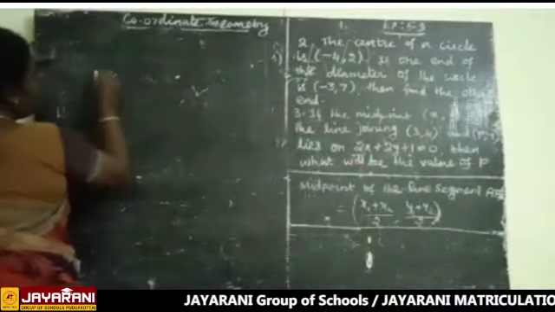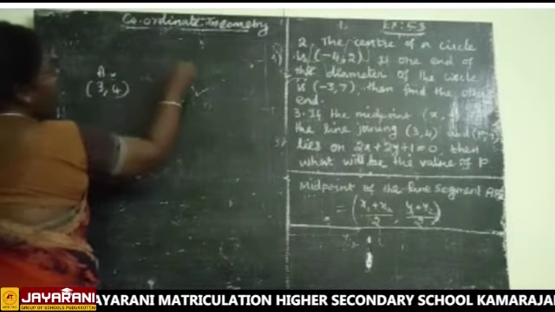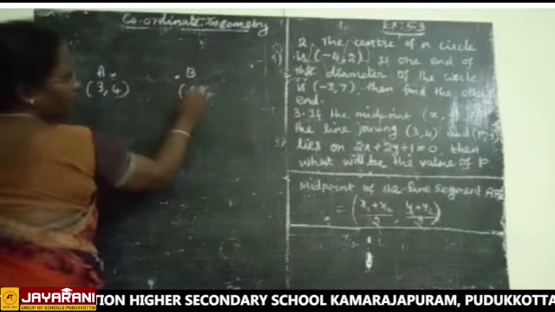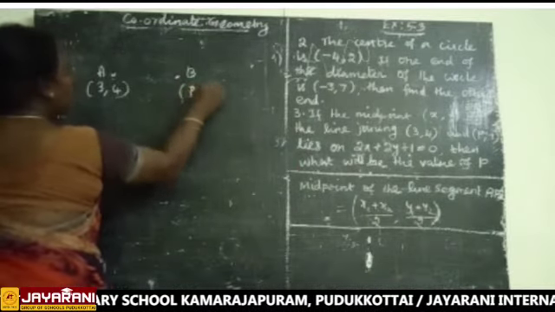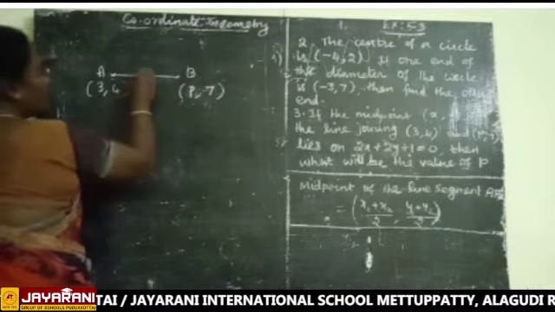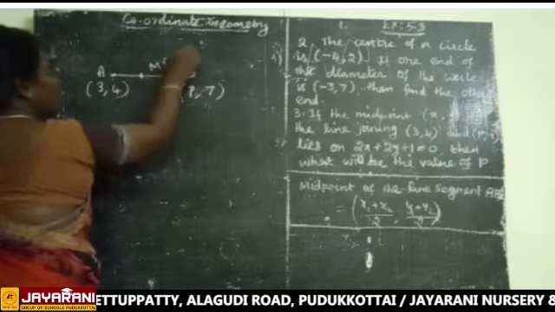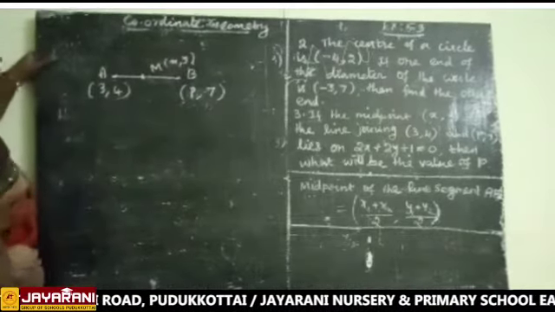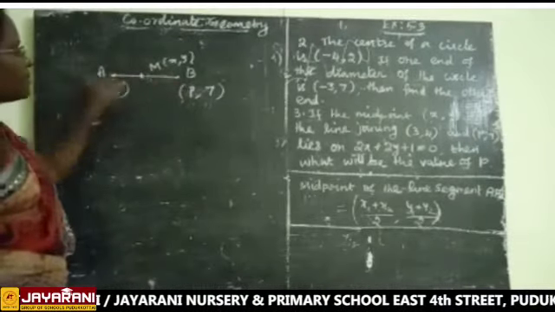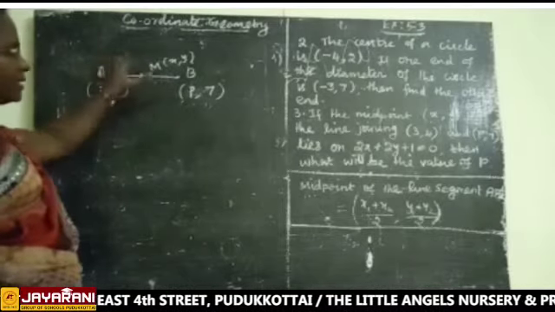What are the points here? (3, 4) is A. Consider this B, that is (p, 7). The line joining these two, the midpoint is here, M of (x, y). I have given these names A, B, M.